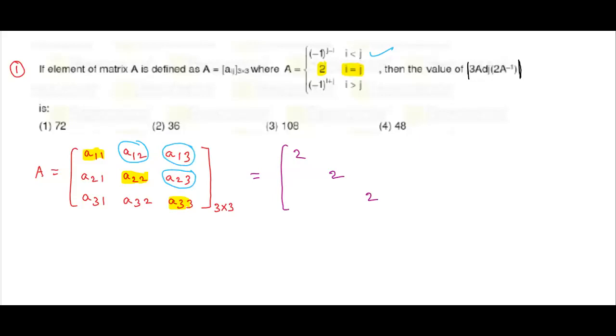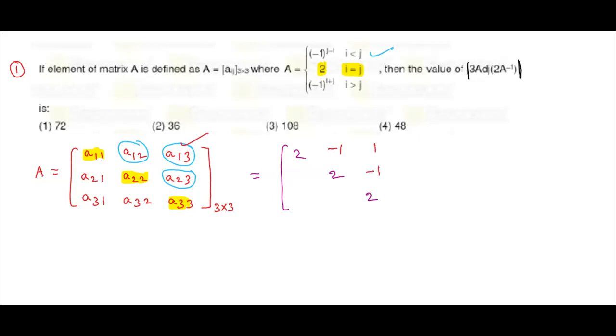This is minus 1 whole power 2 minus 1. Here will come minus 1 element. Next, this element, minus 1 whole power 3 minus 1, 1 will come. Minus 1 whole power 3 minus 2, minus 1 will come.